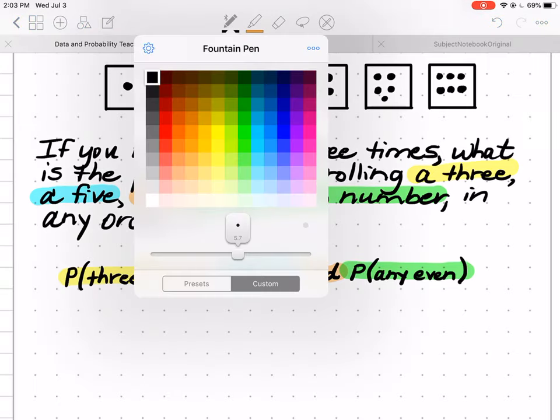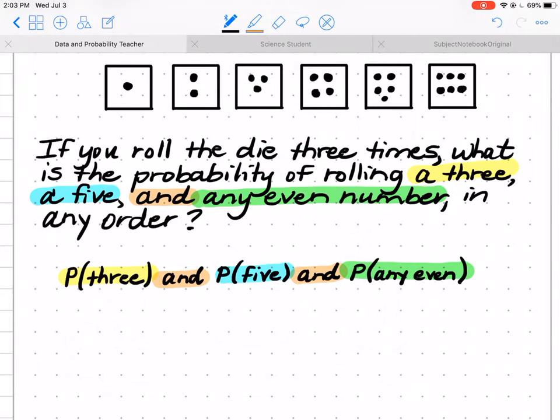So to do the first one, what is the probability that I would get a 3? Let's do it this way. Well, there are 6 sides on this die, so the bottom number is going to be a 6 for each one of these, because that's the total. Of those 6 sides, there's one of them that's a 3.